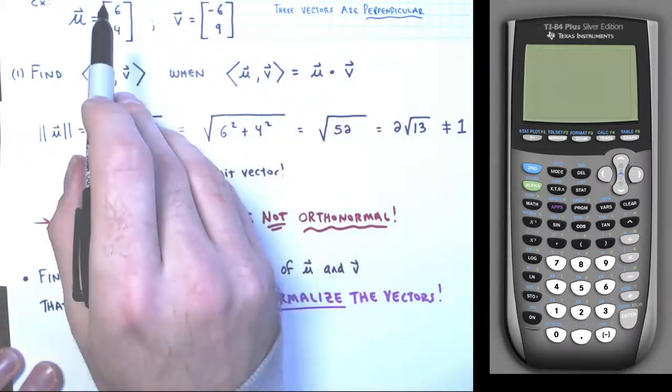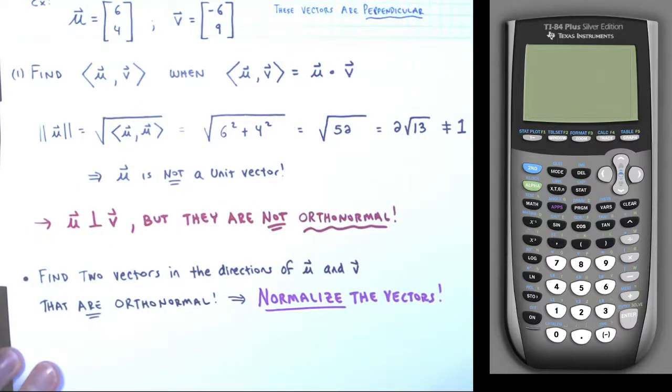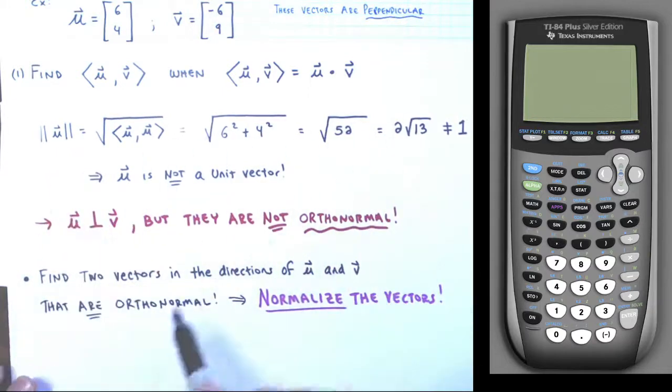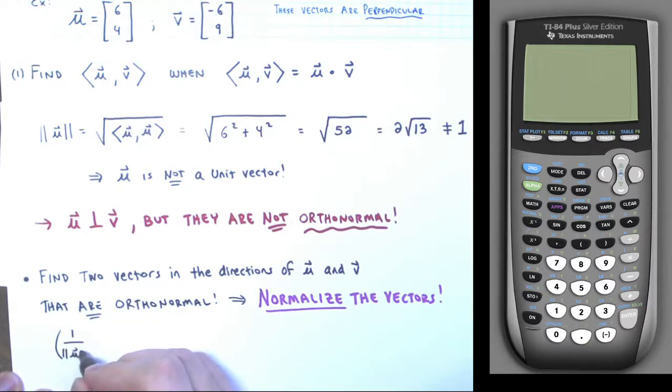If I want a vector in the same direction as u but with a norm of 1, I just multiply by the reciprocal. So I take 1 over the norm of u times u. This will be a unit vector.